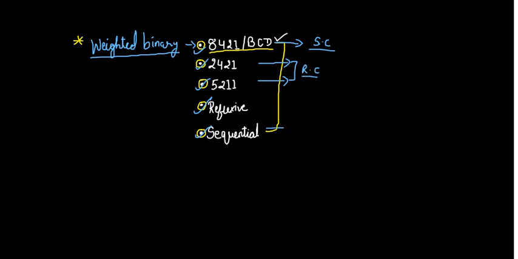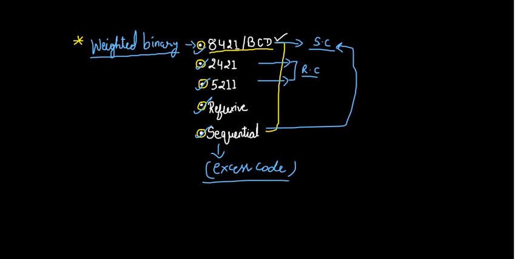And the sequential code is this one, and we missed one name here: in the sequential form we have XS3. XS3 code also comes in the sequential coding. Well, I hope you have understood the weighted binary in great detail now.